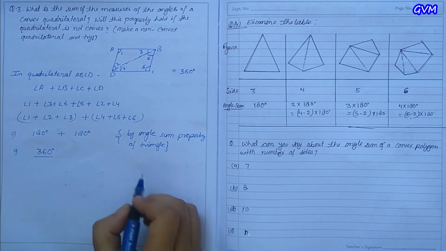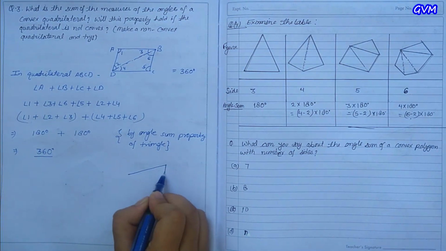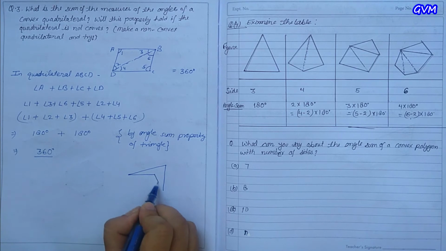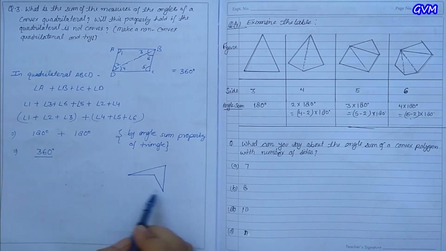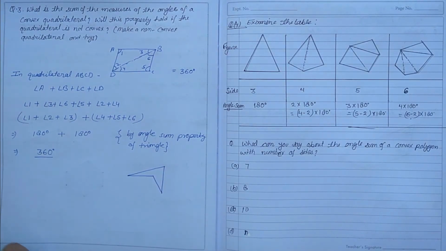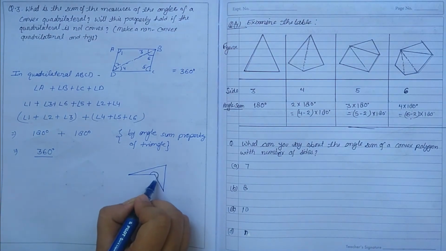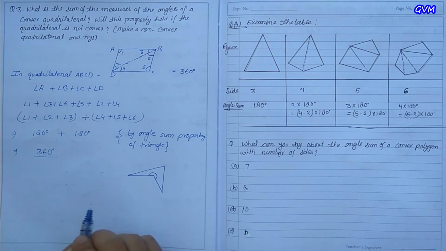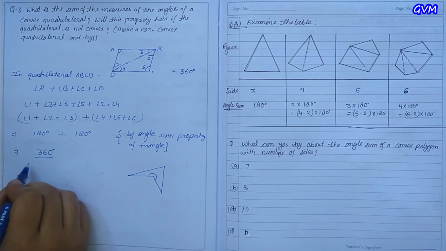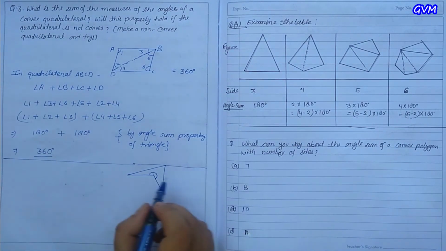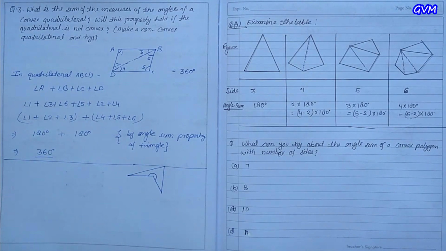If it is not convex, then it will be concave. So let's say this is our concave quadrilateral with this angle as more than 180. Now we have to prove whether in this quadrilateral the angle sum is also 360 or not.